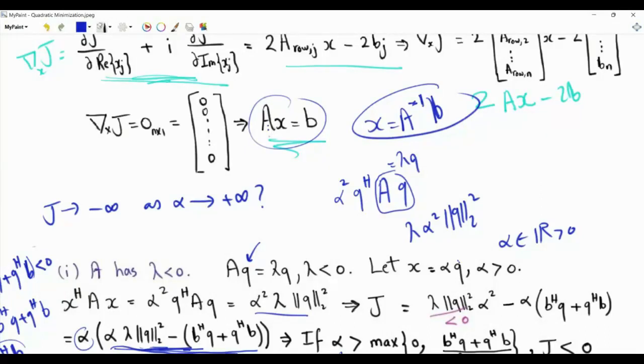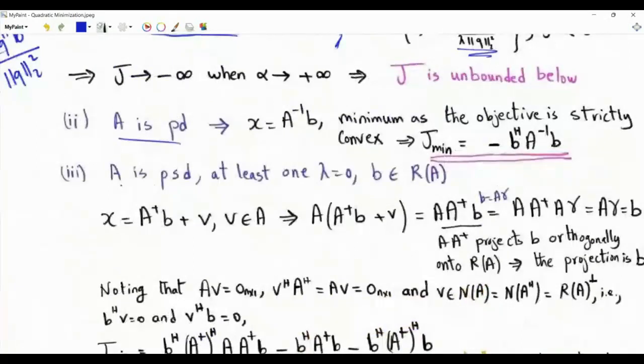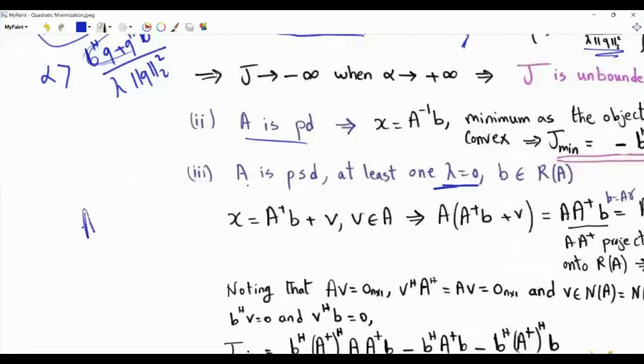So this case actually is divided into two subcases, or you can consider them two different cases, depending on your taste. So we have one eigenvalue that is equal to 0 or more, and note that the stationarity condition requires that AX is equal to B. So this is what we get when we take the partial derivatives and equate them to 0. Now, is there a solution?